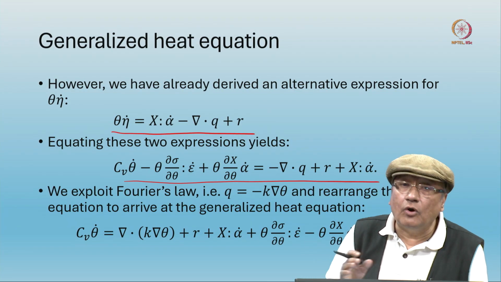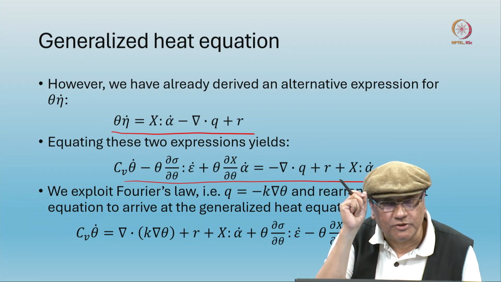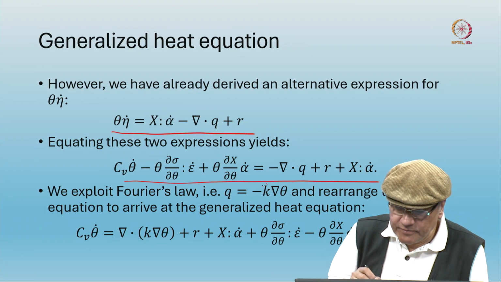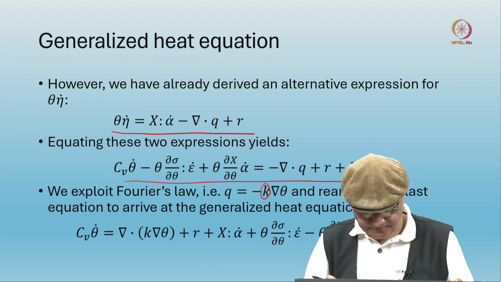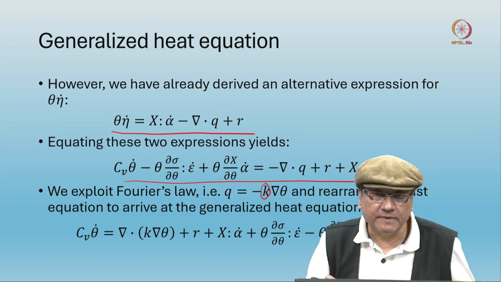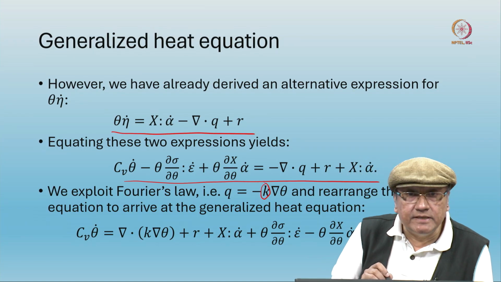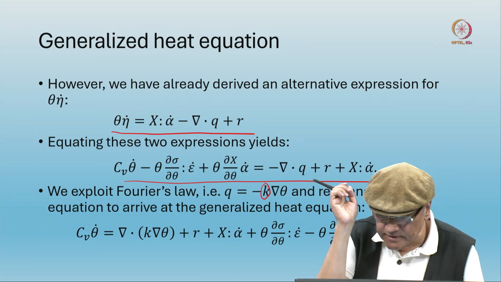Now, all that is left is to exploit Fourier's law of heat conduction, which says that if K denotes the linear conductivity, the coefficient of heat conduction, then Q, the heat flux, will be minus this conductivity times the gradient of theta.